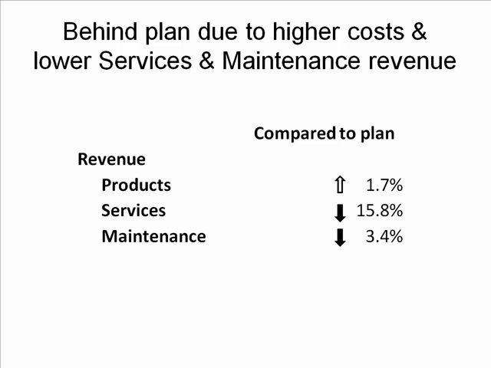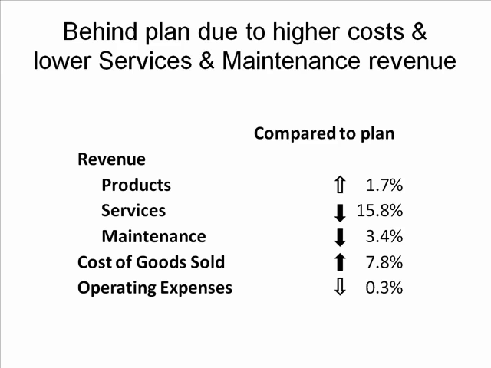So if we had lower revenues, then we really need to keep a tight control on costs. But our cost of goods sold actually went up compared to plan. Now that's not good because it means we're spending more to deliver actually less services. Operating expenses were down, which is a good news story, except they were down only 0.3%. If revenues are going to be lower, then our overhead or operating expenses should be keeping in line.